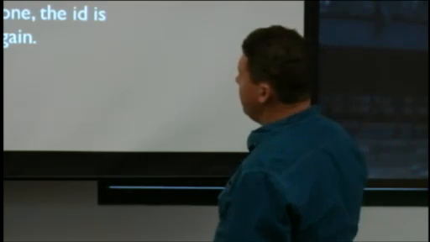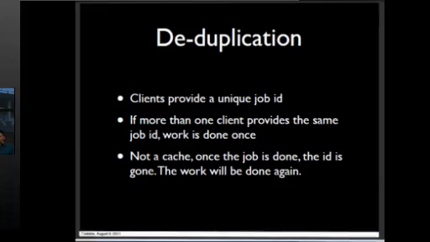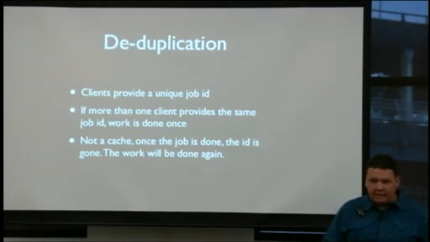So de-duplication. Like I said, you provide the unique job ID. By default, I think the C library doesn't create a job ID based on the payload at all. It just generates a random ID. So you probably want to check with your particular library to find out if you need to be assigning an ID or not.